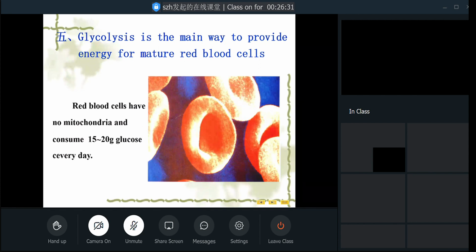The red blood cell has no mitochondria and consumes 15 to 20 grams of glucose every day.